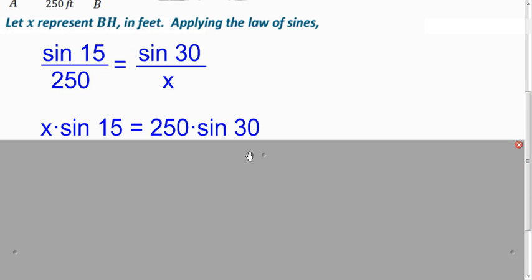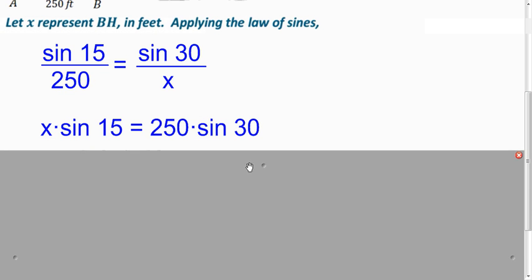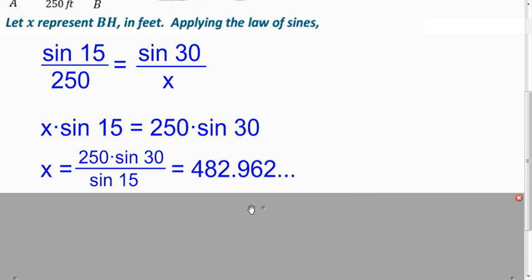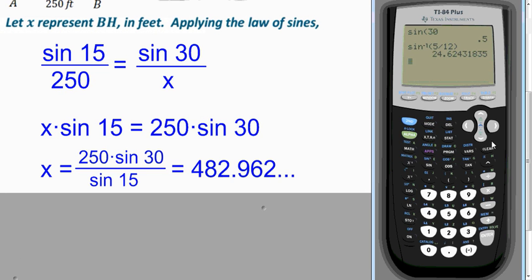And we're going to divide both sides by the sine of 15. And you plug this whole expression in your calculator, and we end up with that number, 482.962 about. Sine of 30 divided by sine of 15. Don't forget to close your parentheses after your degrees, your angle measurements. And we get this number.